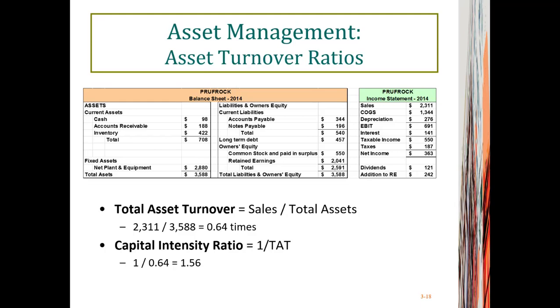And the capital intensity ratio equals 1 over TAT. What is TAT? TAT is total assets turnover. And the number is 1.56. The higher the number means higher capital intensity.